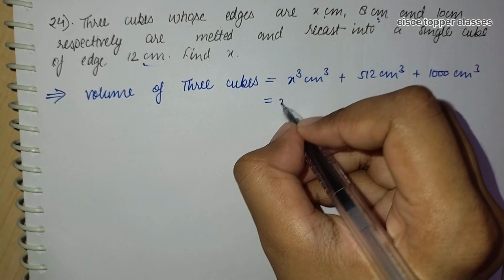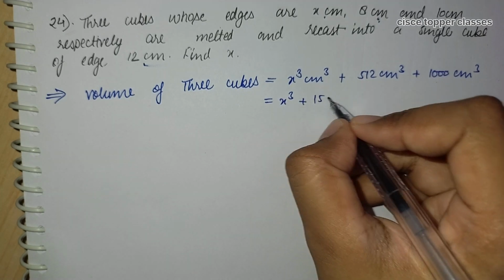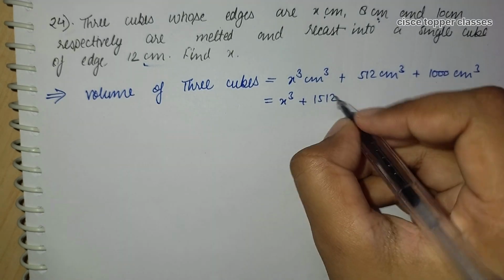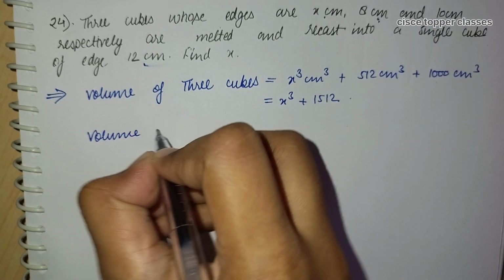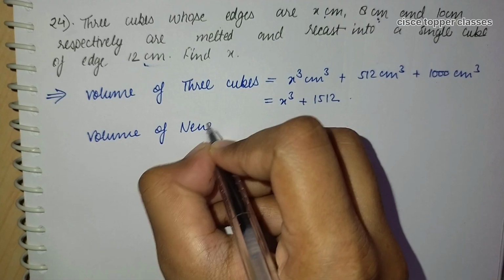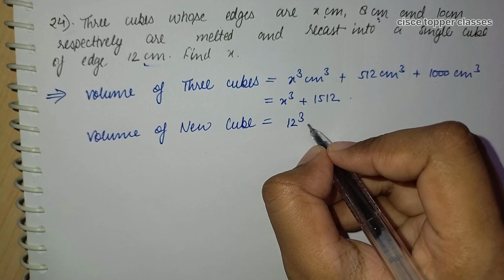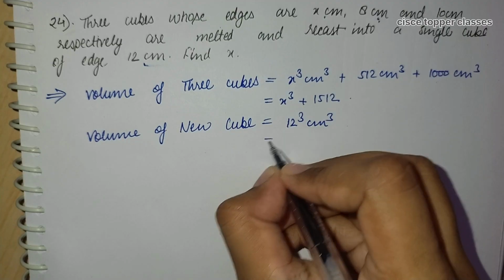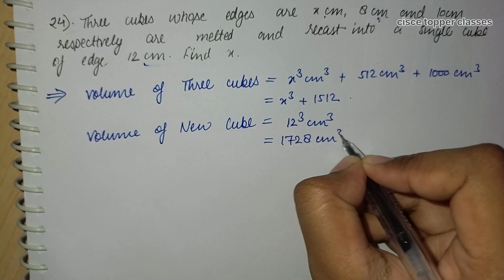So we can add this: x cubic plus 1512 centimeter cubic. We will now take the volume of the new cube which is recasted. So it will be 12 cube, centimeter cubic. We can just calculate it. It will be 1728 centimeter cubic.